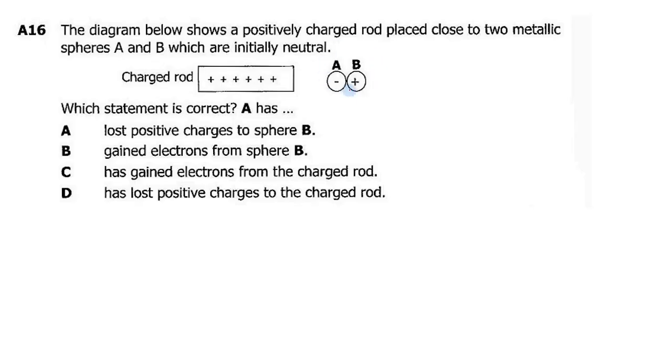Now bringing it closer, this one has become negative and this one has become positive. Now they're saying which statement is correct? A has lost positive charges to sphere B. Positive charges don't move anyway. So B gained electrons from sphere B.